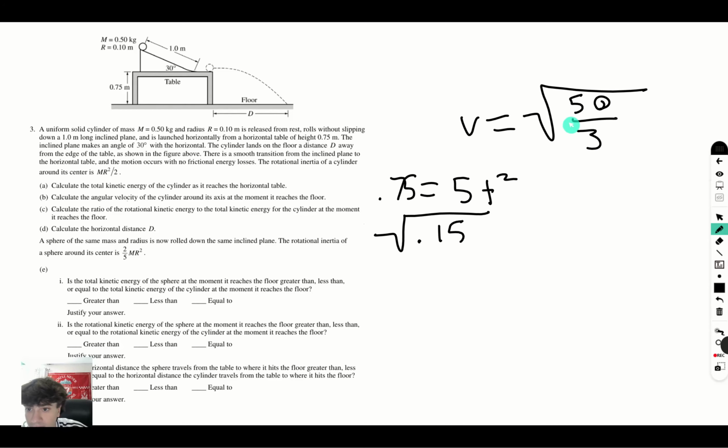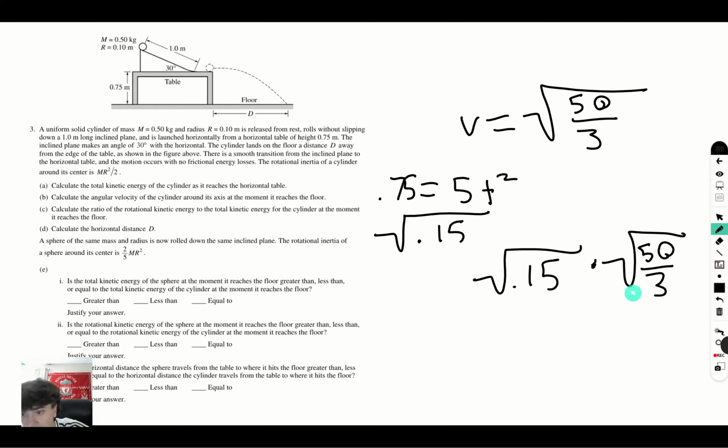So the square root of 0.15 times the square root of 50/3, due to our kinematics equations, will give you the distance. So the distance that the ball will travel is square root of 0.15 times the square root of 50/3. And the way I did this is by using multiple kinematics equations.